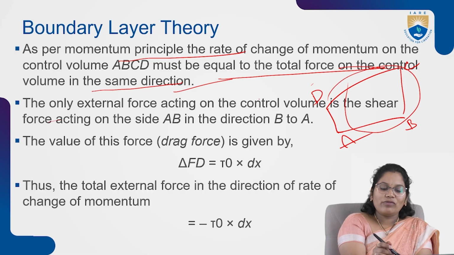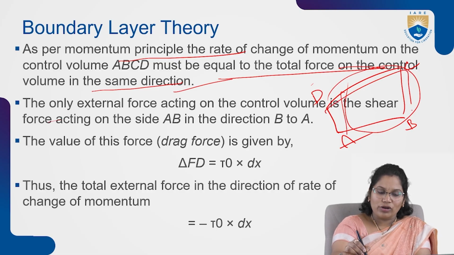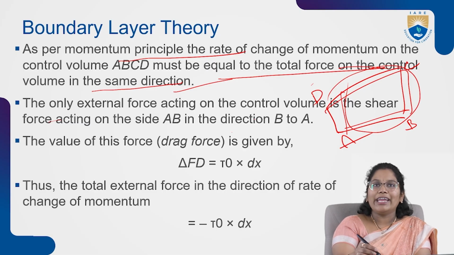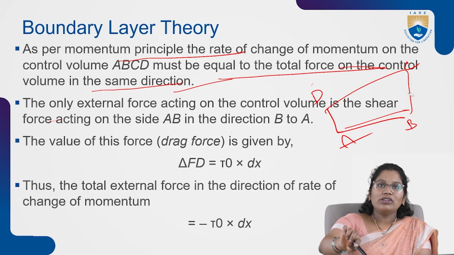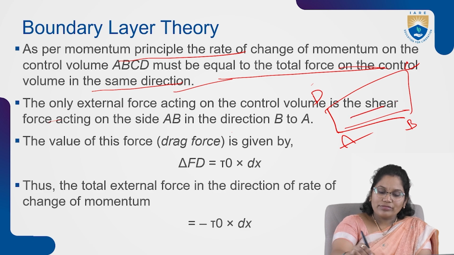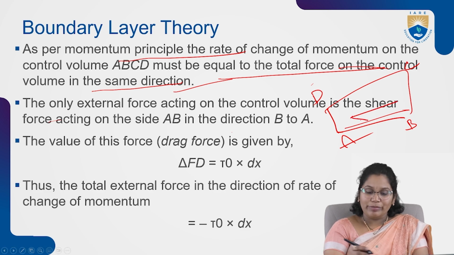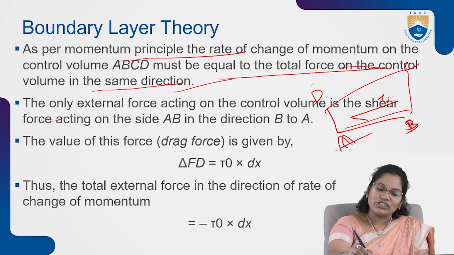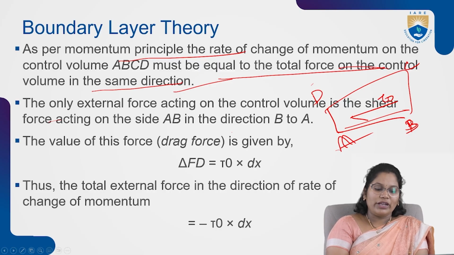The only external force acting on the controlled volume is the shear force acting on AB, in the direction from B to A. This is the shear stress, B to A, the only external force.